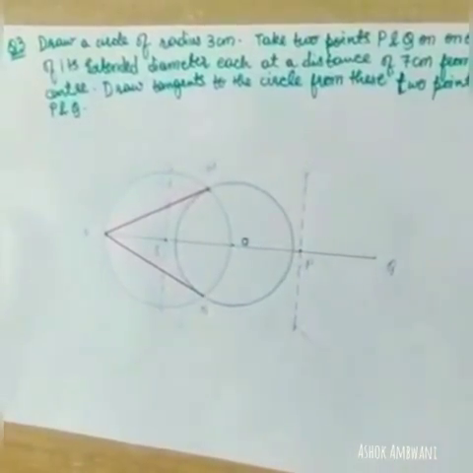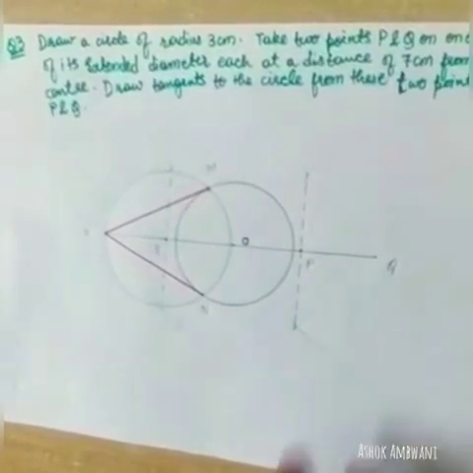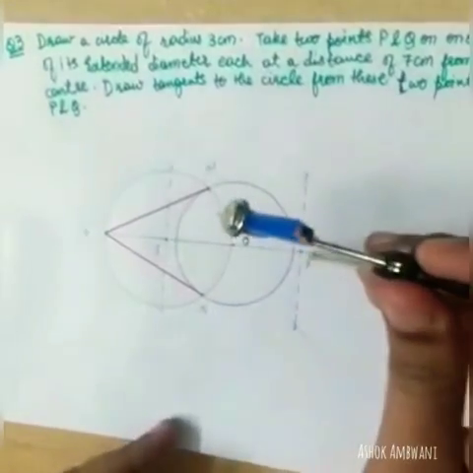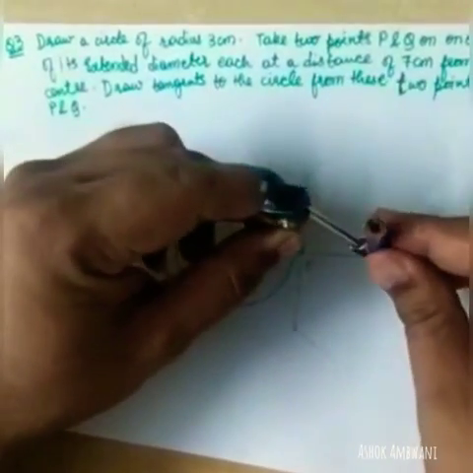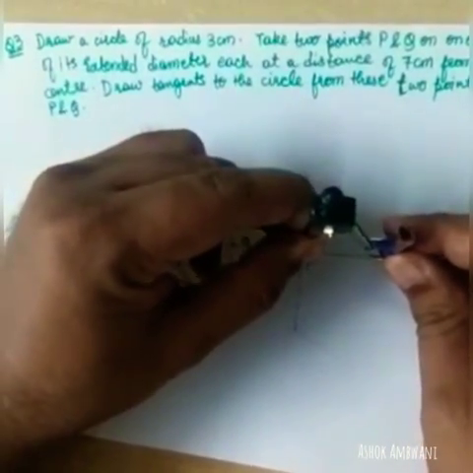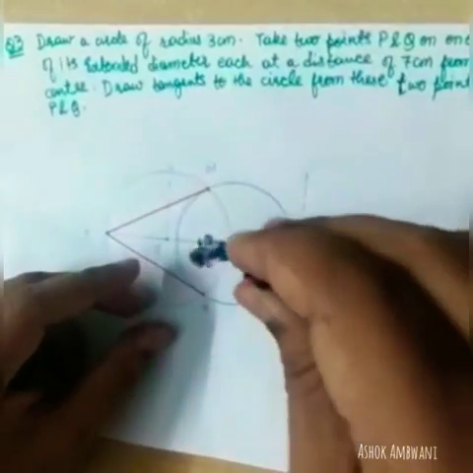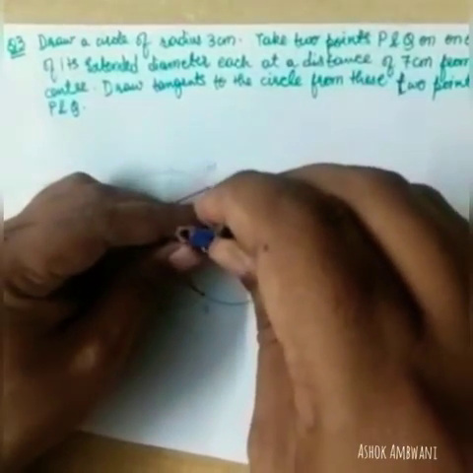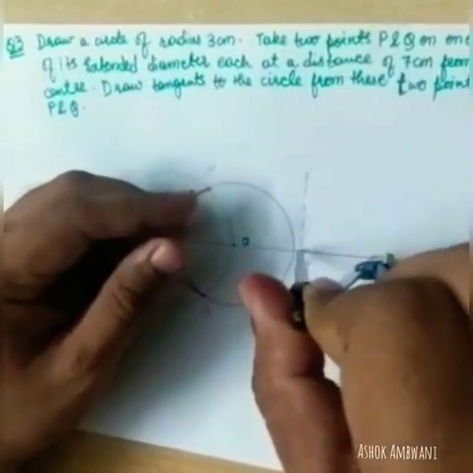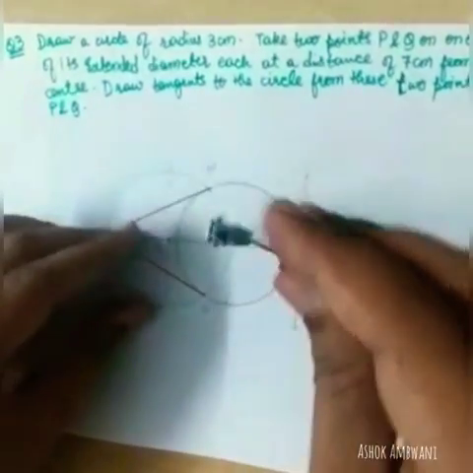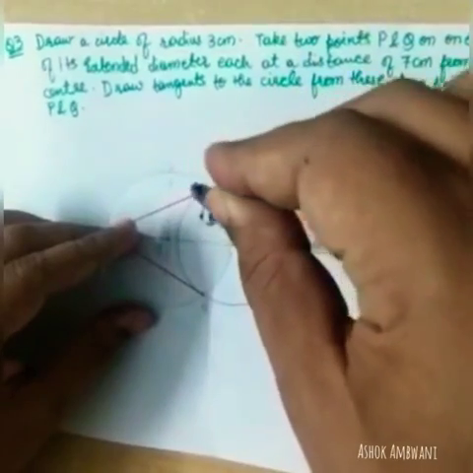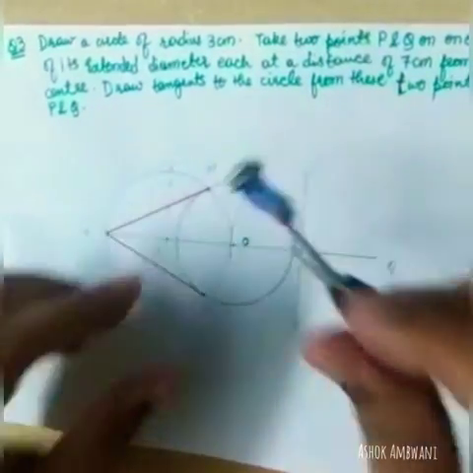Now as you have obtained the midpoint F of OQ, I'll set the radius as FQ. OF and FQ will be equal to one another, because they will become the radius now. Correct? So I'll be drawing the circle now.